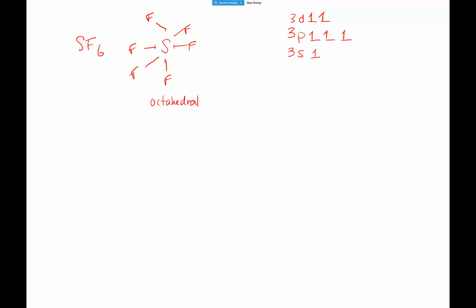And so now I've got my S with my 3p's and 2d's, so this is now a d2sp3, which is now 6 hybrid orbitals. And those 6 hybrid orbitals means that the sulfur is now going to be 1, 2, 3, 4, 5, 6. And so now those are all d2sp3 hybrid orbitals.